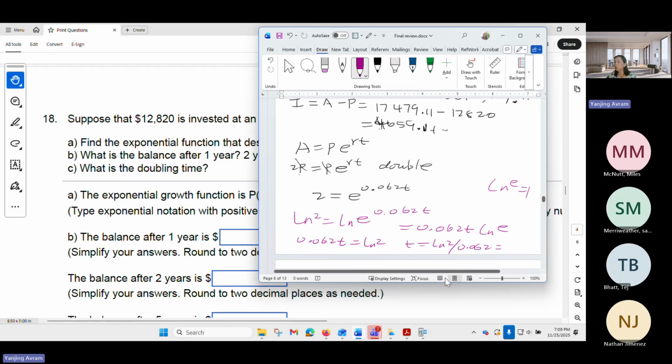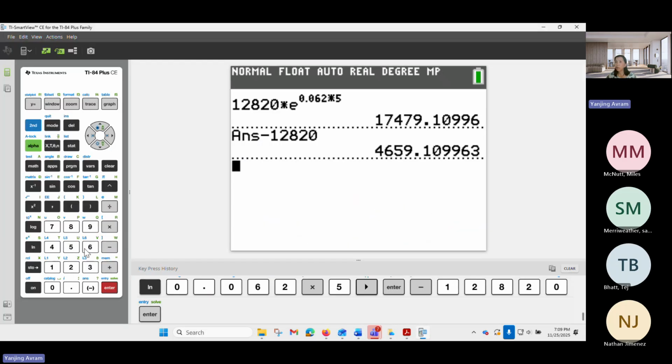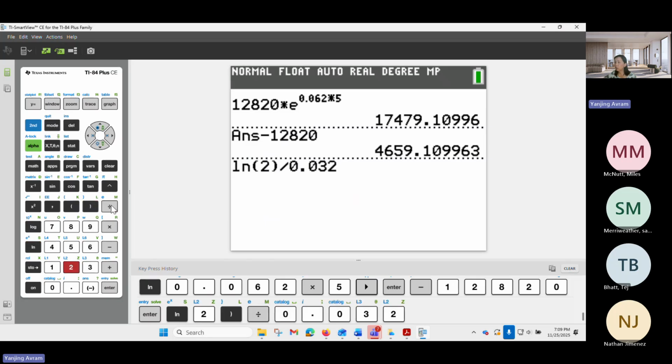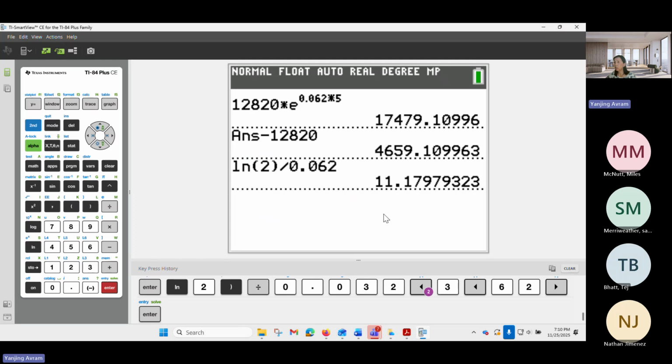Calculating ln 2 divided by 0.062, this is 11.2.